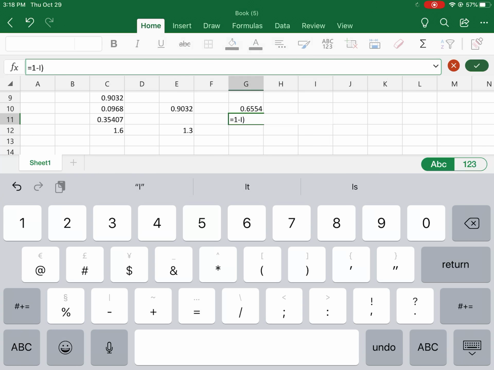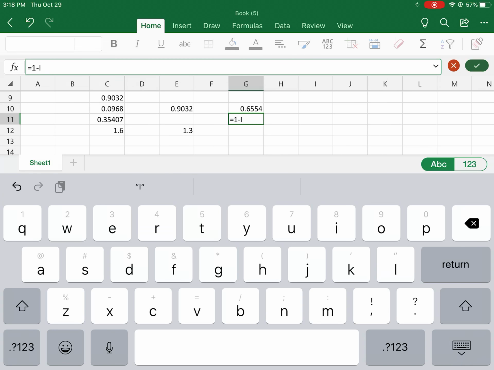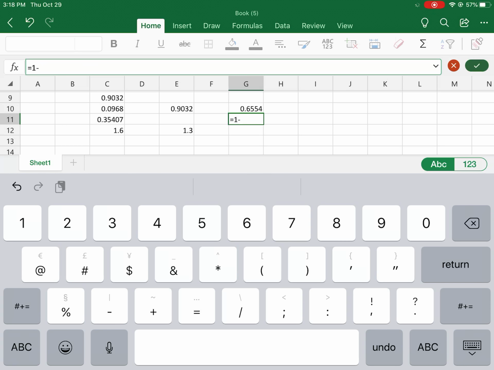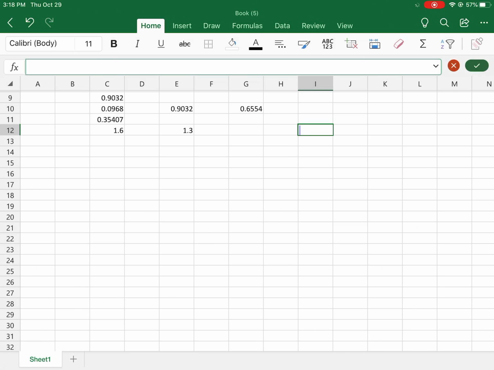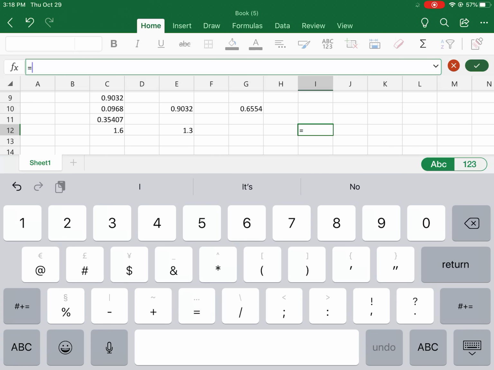I have no idea what got hit there. There we go. 1 minus, there we go. Enter. You know what, we're just going to go over here because sometimes Excel is odd.